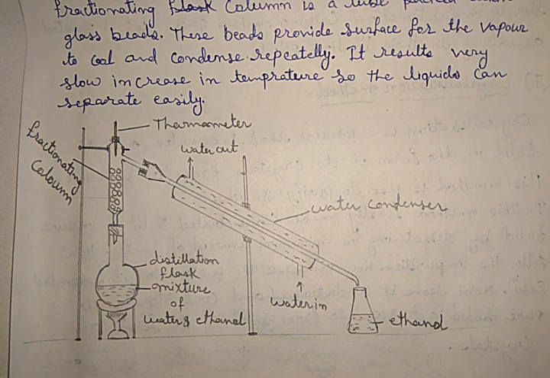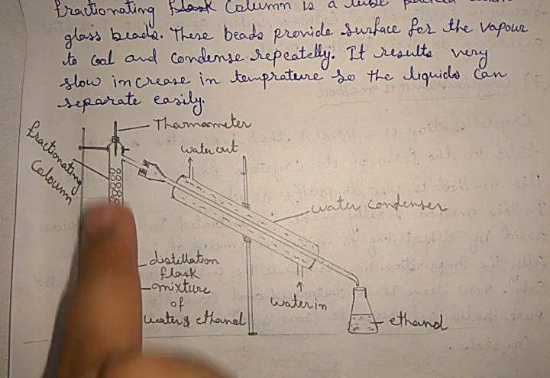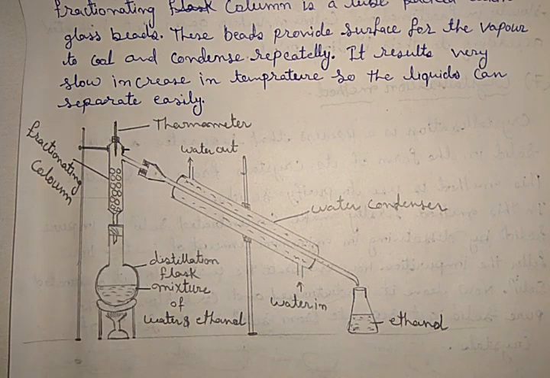These beads provide surface for the vapor to cool and condense repeatedly. It results in a very slow increase in the temperature of the setup, so the liquids can separate completely and easily.